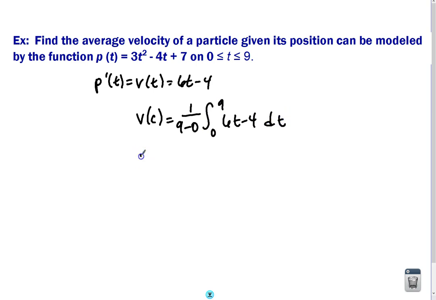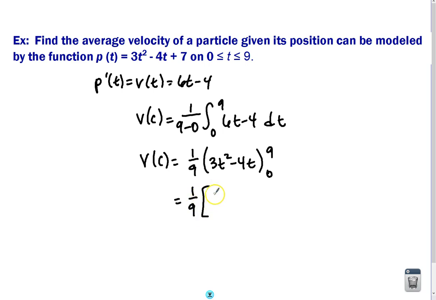Okay, so v of c is 1 over 9 times, let's see, that's going to be 3t squared minus 4t from 0 to 9, right? Yep. It looks vaguely familiar, almost like it's right up above there. Interesting. We'll come back to that.